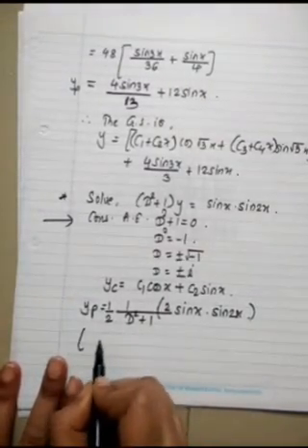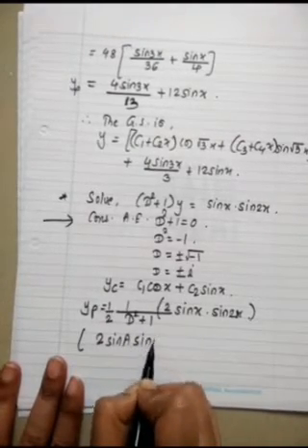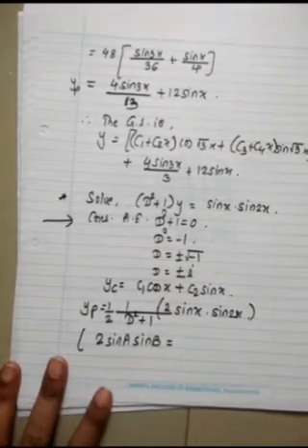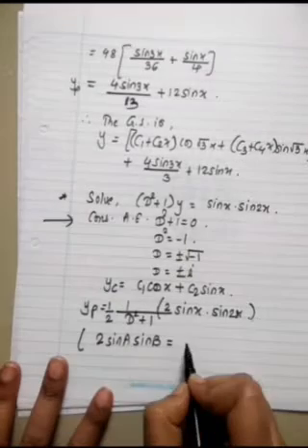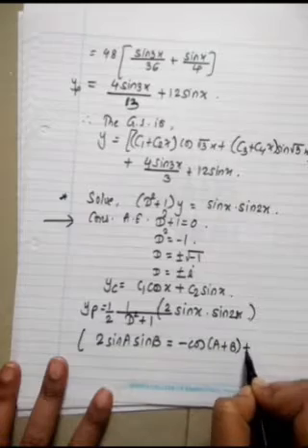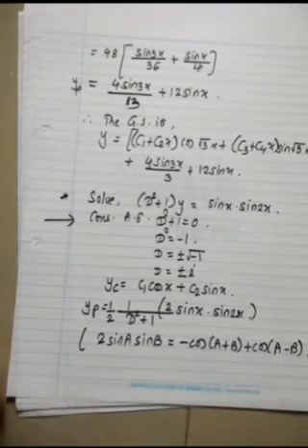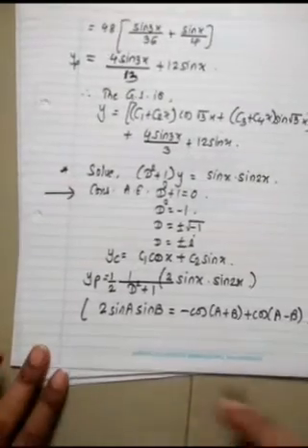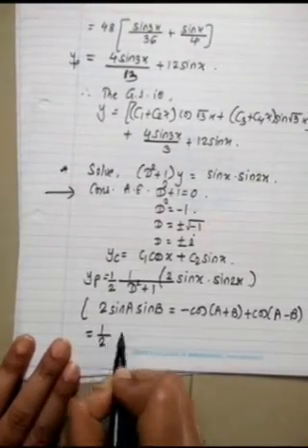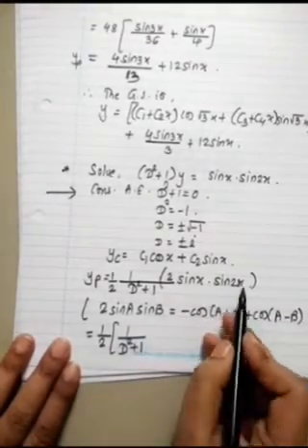Let me write the formula. 2 sin A sin B. Tell me the formula. Minus cos A plus B plus cos A minus B. Right? So that is equal to 1 by 2, 1 upon d square plus 1, and 2 sin A sin B, solve it.